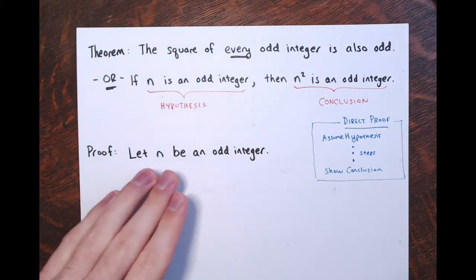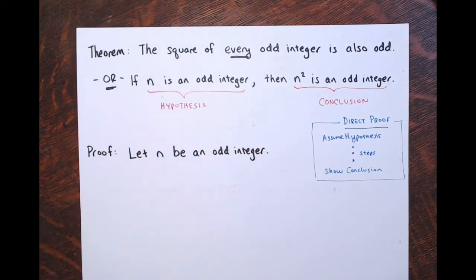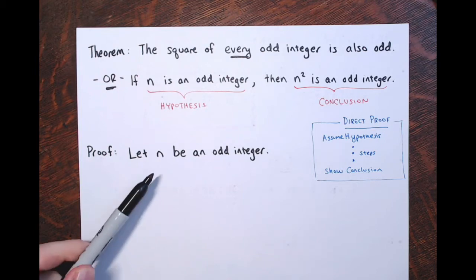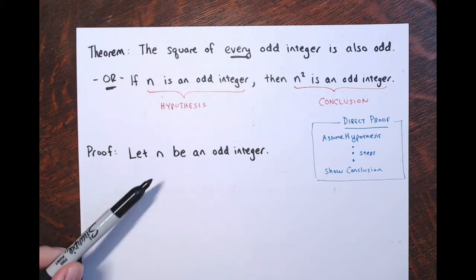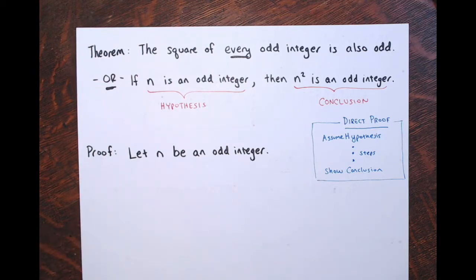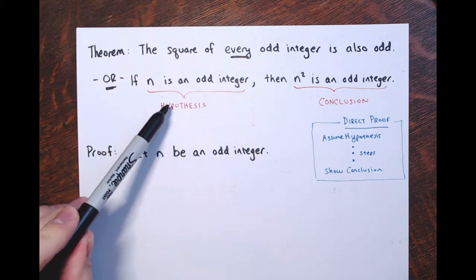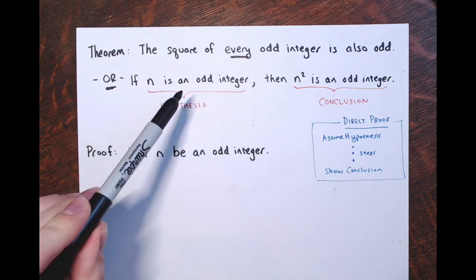All right, this is my assumption. I'm assuming n is an odd integer, and I'm introducing n as well. Every time there's a new letter you introduce to the proof, state what it is. Introduce it to the reader. Let n be an odd integer. And that's the only assumption here. That is the hypothesis. n is an odd integer.